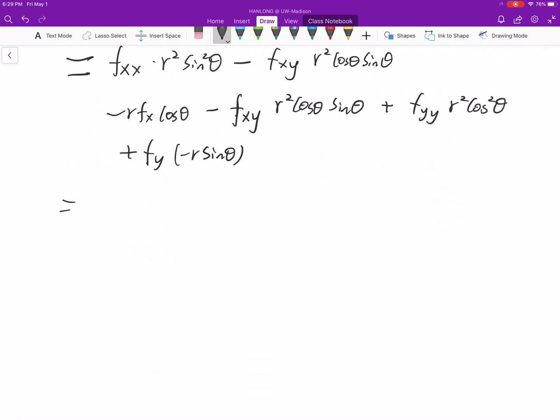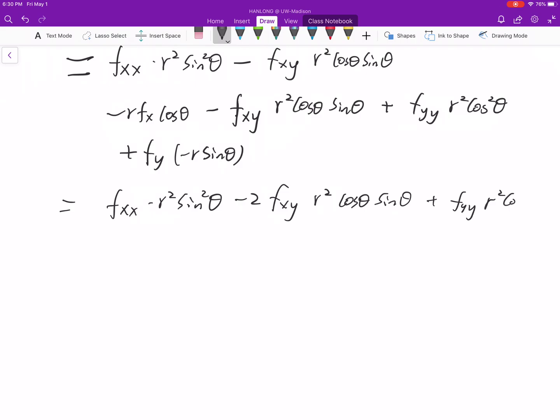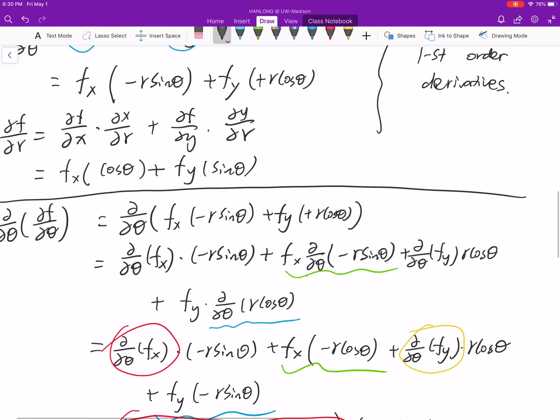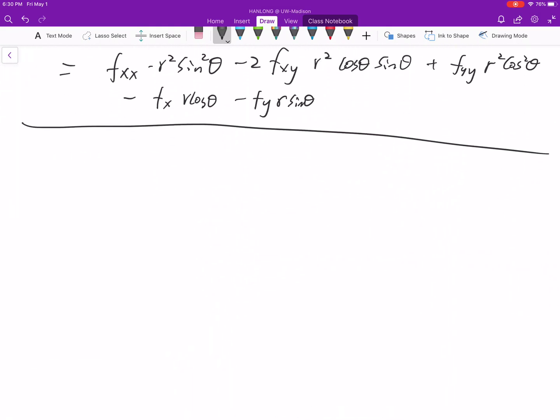Otherwise, you cannot derive the correct answer. Okay, and if you want to simplify, you could write minus 2 fxy r squared cosine sine, plus fyy r squared cosine squared, minus fx r cosine minus fy r sine. So this is partial theta theta.